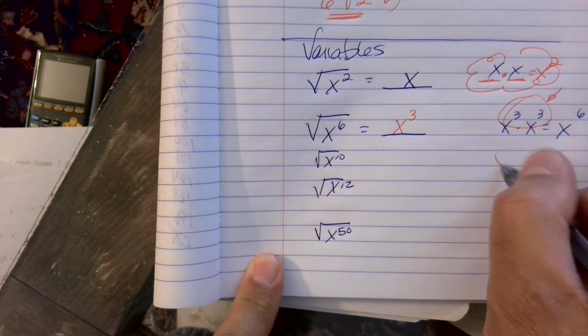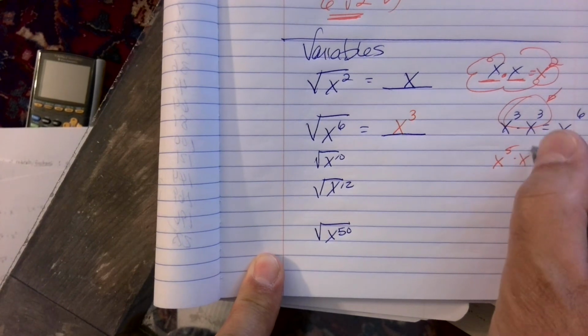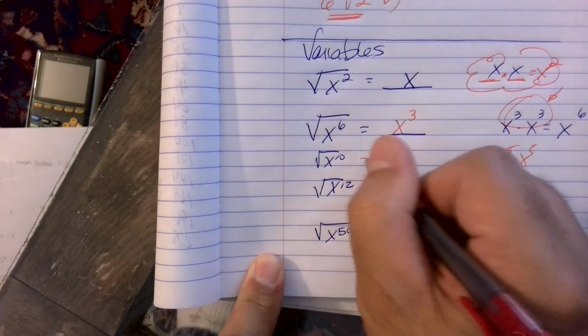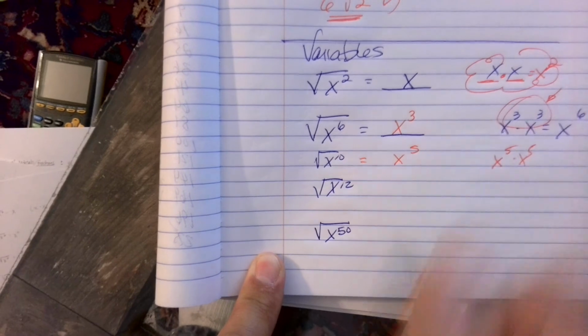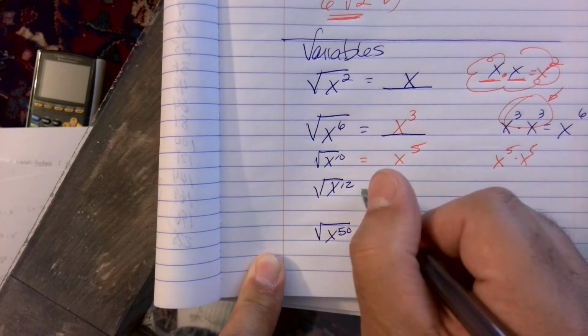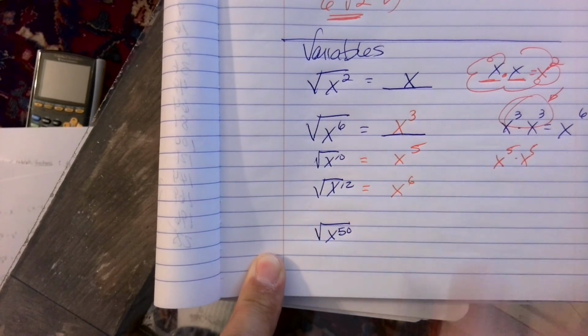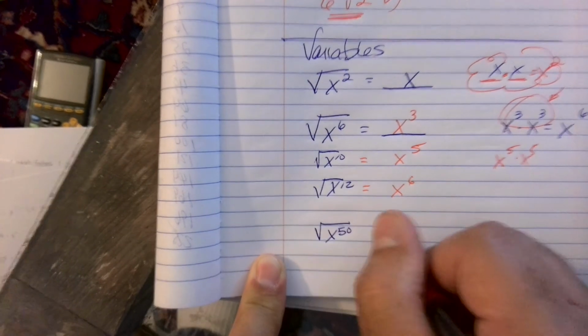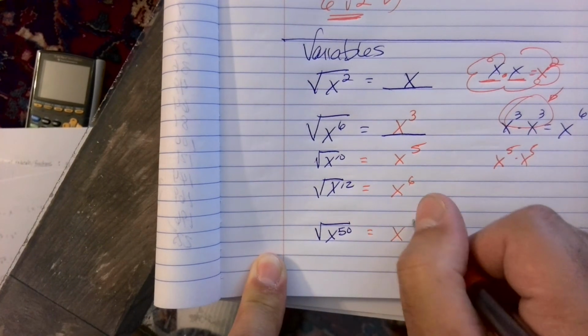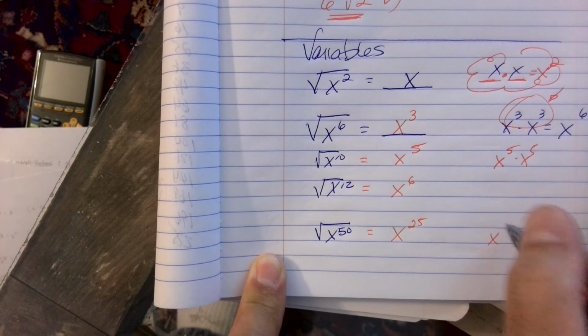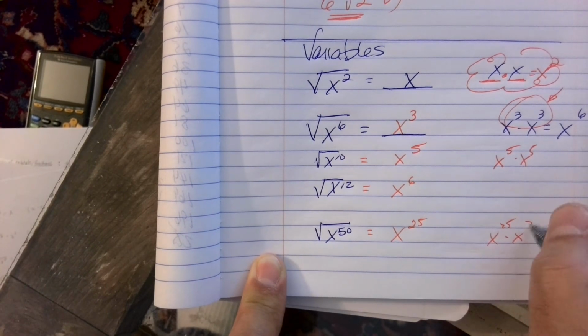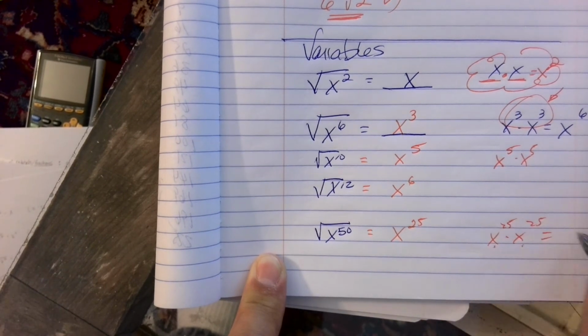I know x to the 5th times x to the 5th will give me x to the 10th. So this is going to be x to the 5th. X to the 6th times x to the 6th will give me x to the 12th. And x to the 25, right? If I have x to the 25 times x to the 25, I keep my base, I add my exponents, that's x to the 50th.